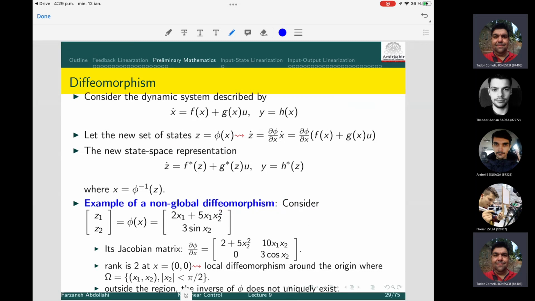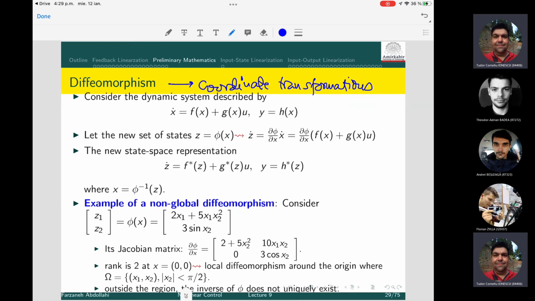Now here it shows you how to apply diffeomorphism, leading to coordinate transformations. You have the dynamical system described by this function. You have a new set of states, and this is how you apply a coordinate transformation to the new set of states.